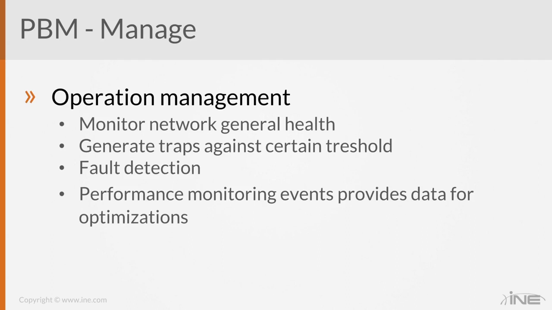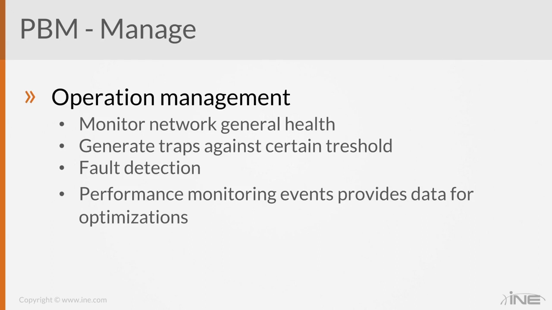And now that you know that your implementation, either it's a migration or deployment, went well, now you're going to be generating traps against a certain threshold. So you know the general health, you know how your network should behave. You can compare it to your baseline. So now it's time you set thresholds in a few places so that you can detect a fault.